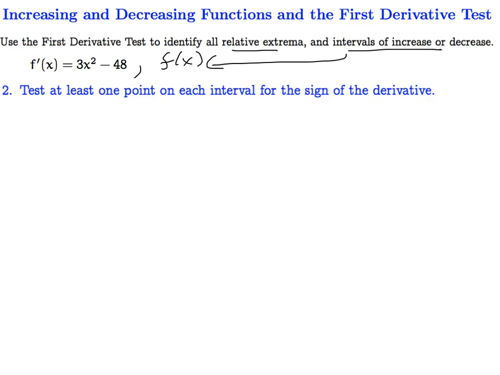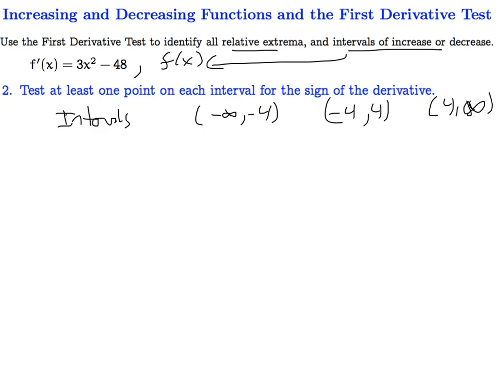So now our same step 2 as before. We test at least one point on each interval for the sign of the derivative. So remember, our intervals that we had were negative infinity to negative 4, negative 4 to 4, and 4 to infinity. And so we have to decide what we're going to test. Well, I'm just going to choose negative 5, 0, and 5, and we test them in the derivative.